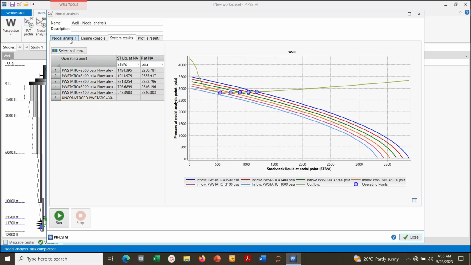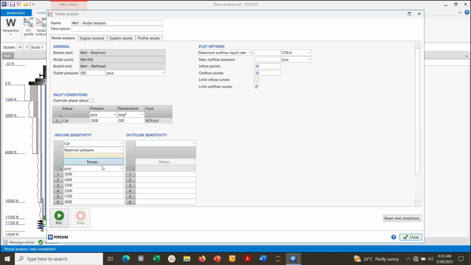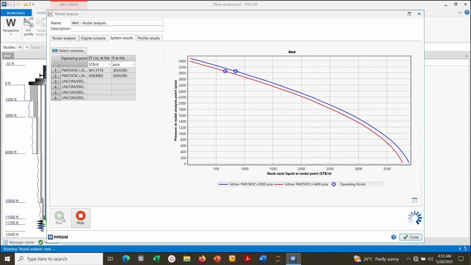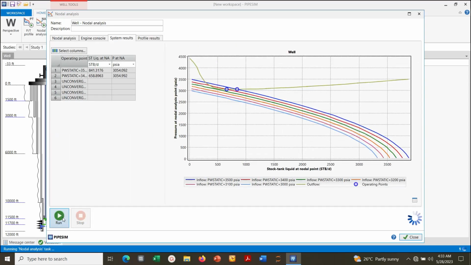So let's increase the water cut to 45% and see if the well will still be flowing. Okay, let's increase to 40% and see if the well will flow at all at that flow rate.